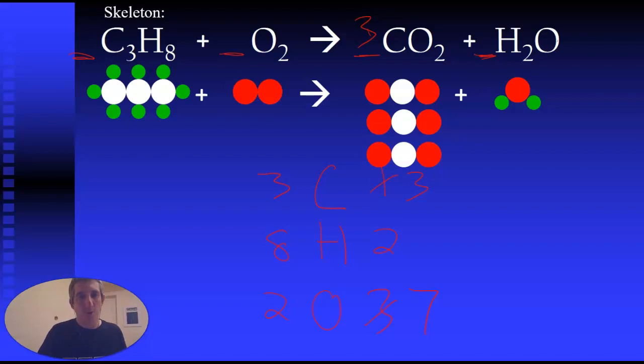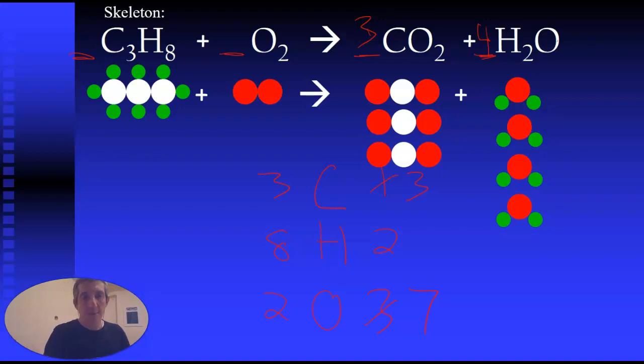So again, I tend to work left to right. So I'm going to now focus on the hydrogen over here. I have 8 coming in and only 2 coming out. So I need some more hydrogens. And the only place they come from is the water. So how many am I going to add? Well, I want to have 8 little green circles. And so if I put 4, let's do the math.